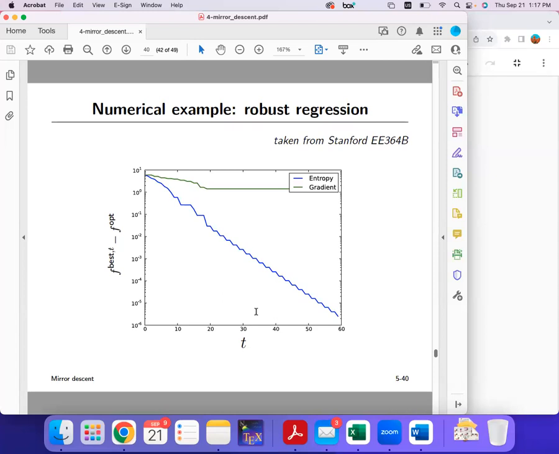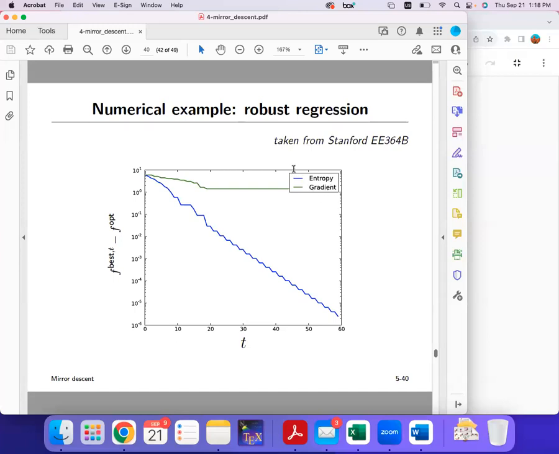And this is a comparison between those two choices of phi that we just talked about. If you choose a Euclidean phi, that simply becomes projected gradient descent, projected subgradient descent. And it converges very slowly. The y-axis is in a log scale. Okay, so you see it converges very slowly.